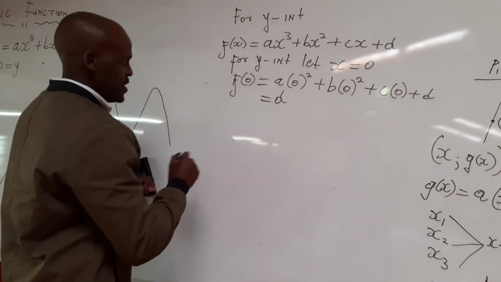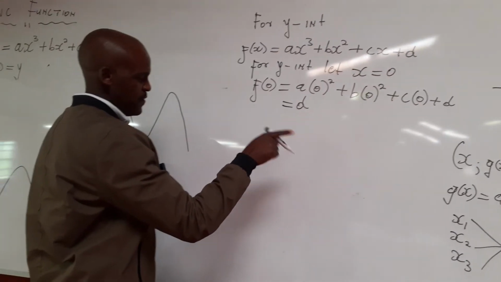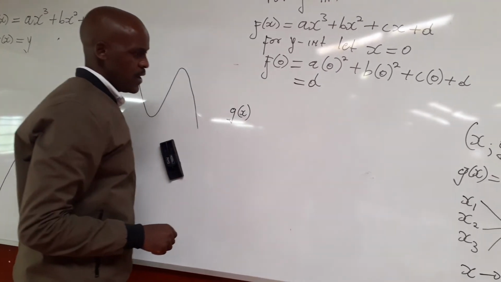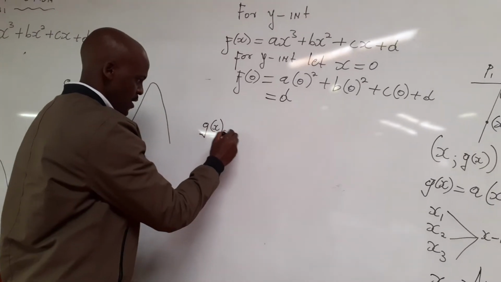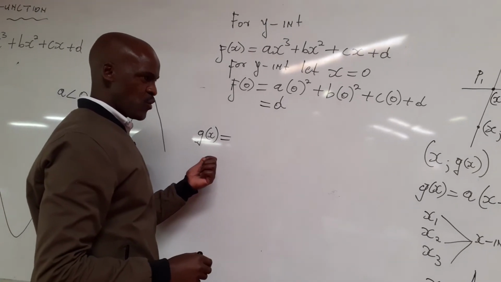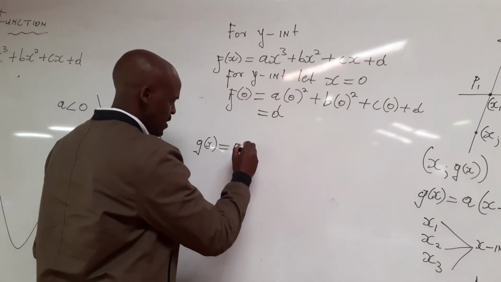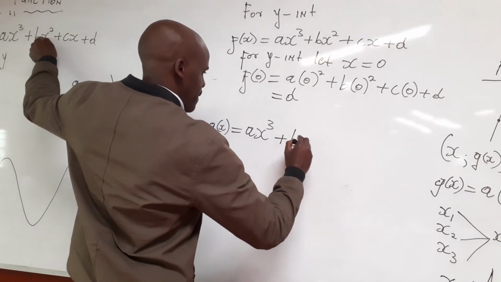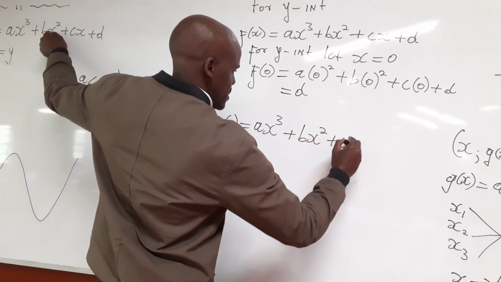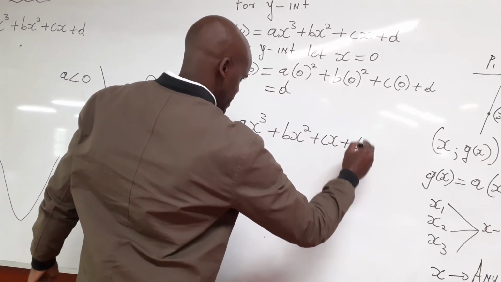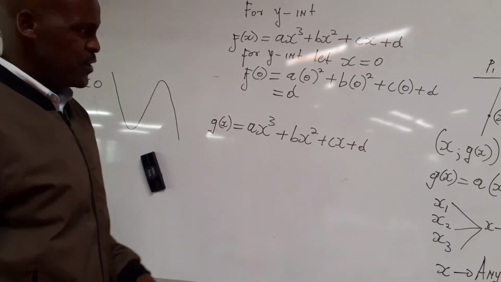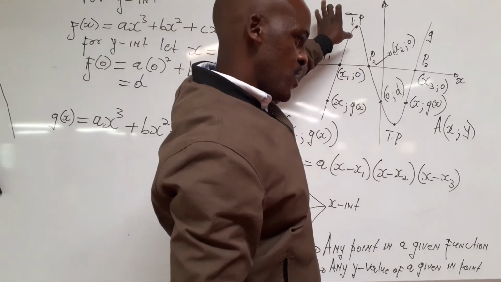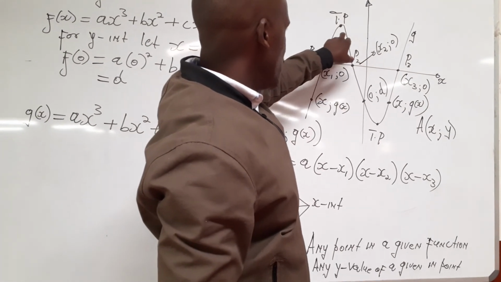In a function of g, if you are to write this equation in standard form, it will say ax cubed plus bx squared plus cx plus d. Right, in order for us to find this point, the turning point, we will have to derive.